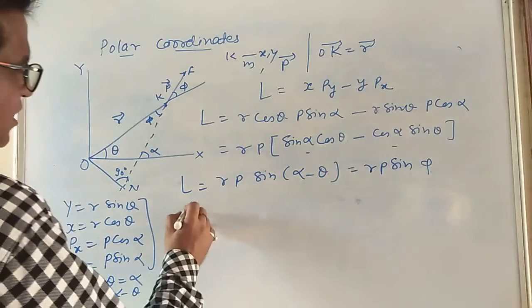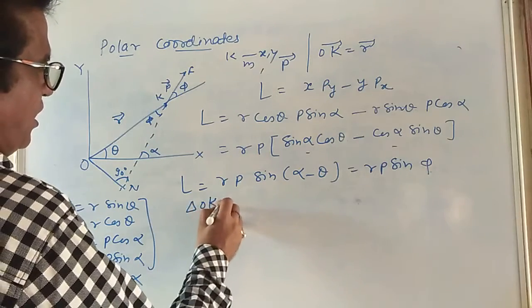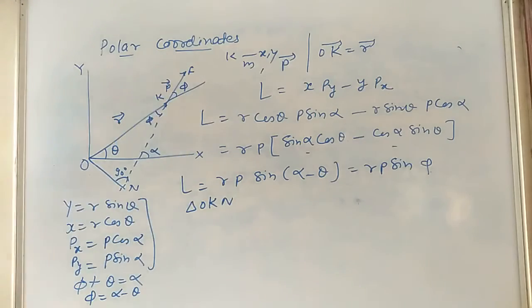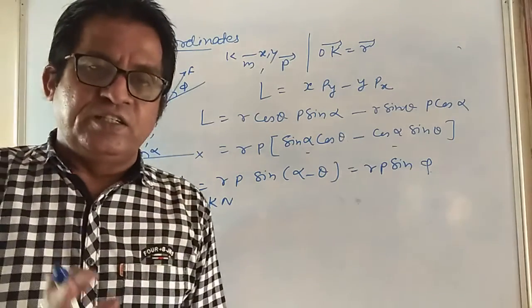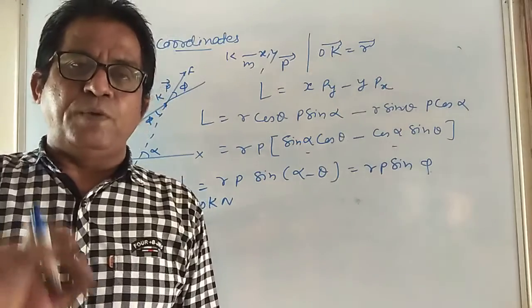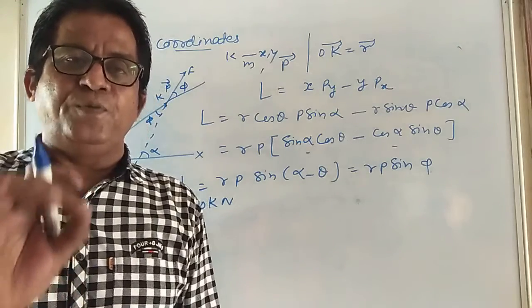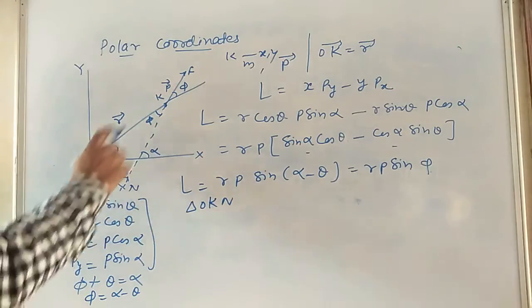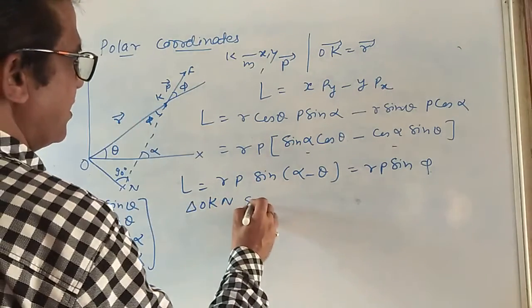तो in the triangle OKN, what is sine phi? Sine is equal to perpendicular upon hypotenuse. Perpendicular is ON, hypotenuse is OK.